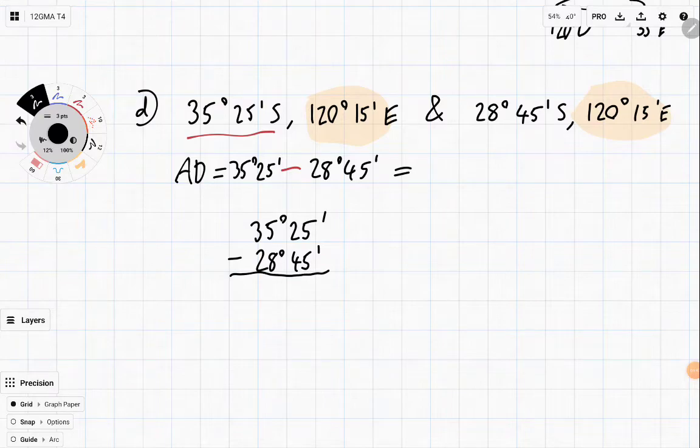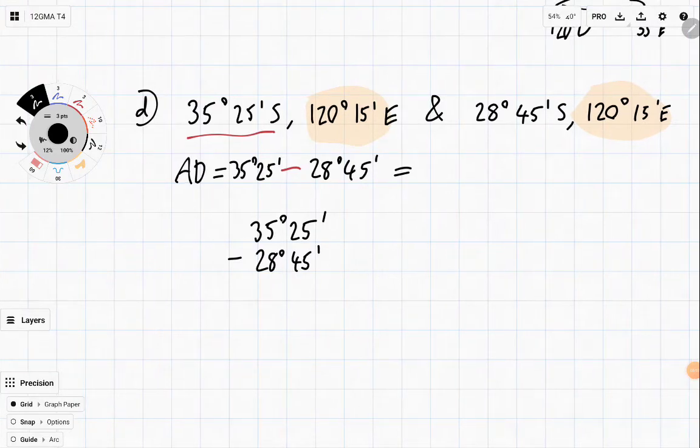Now there's a problem here, and the problem is that I can't take away 45 off 25. So I need to trade one of these degrees here and convert it into minutes. But remember, each degree isn't worth 10 minutes. Each degree is worth 60 minutes.